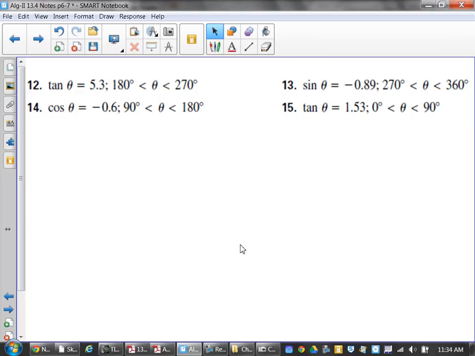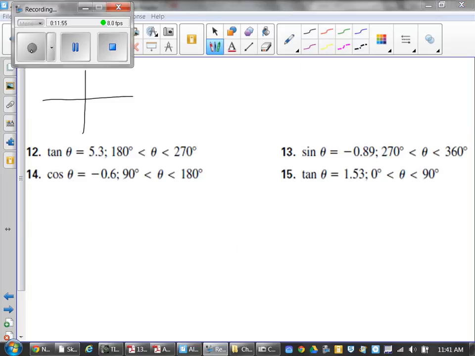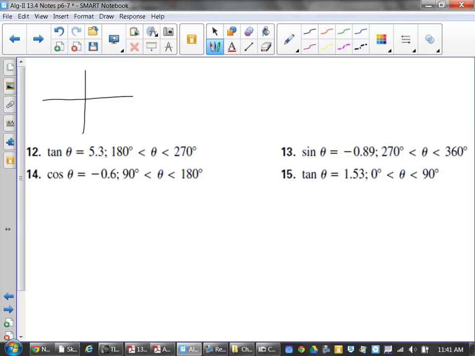What'd you get for your reference angle? 79.3. All right, so you're 79 and change, and it wants you to be a positive tangent value.